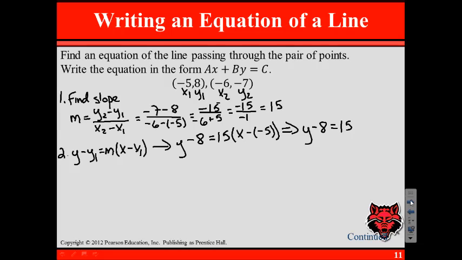So we change that x minus negative 5 to x plus 5. At this point, we want to distribute the 15. And that will give us y minus 8 equals 15x plus 75.